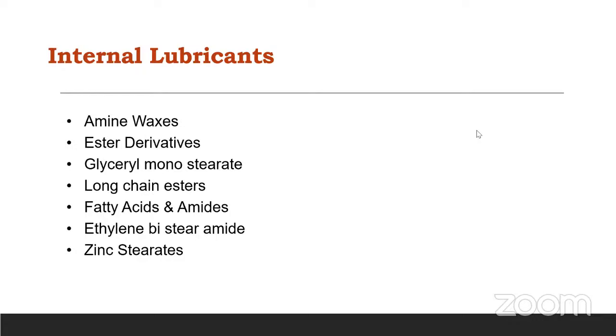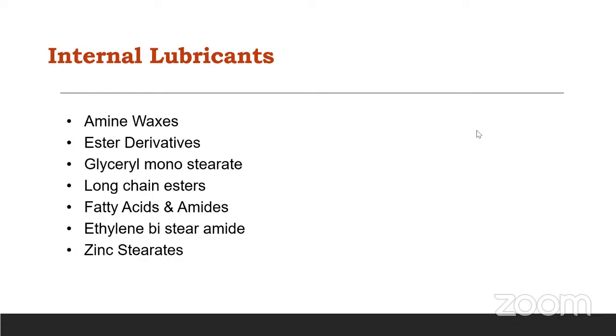No, you cannot use internal lubricants in place of external lubricants, because chemically, the structures of internal lubricants and external lubricants are different. Due to the difference in the chemical structure, their roles of function are totally different. Internal lubricants have different polar groups in them.